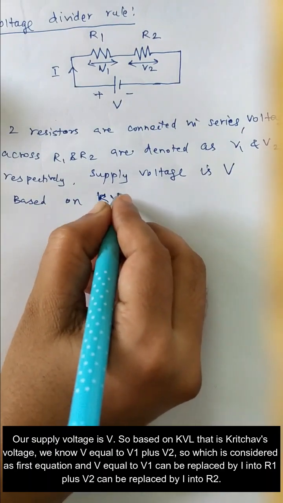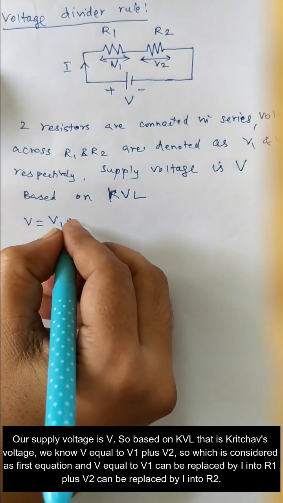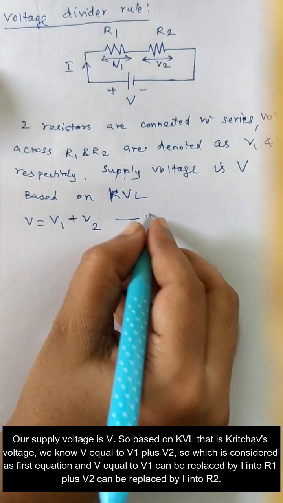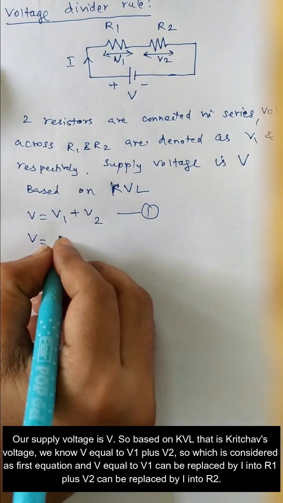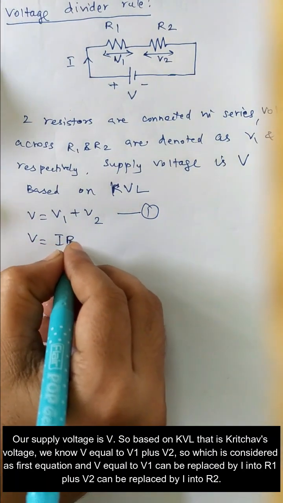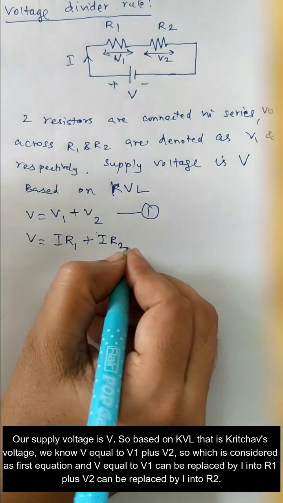So based on KVL, that is Kirchhoff's voltage law, we know V equal to V1 plus V2, which is considered as the first equation. V equal to V1 can be replaced by I into R1, plus V2 can be replaced by I into R2.